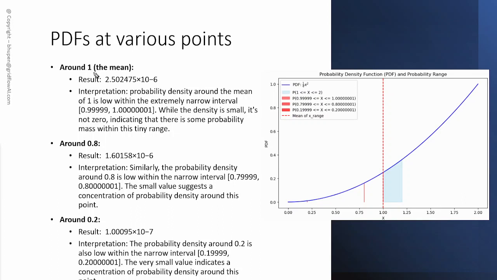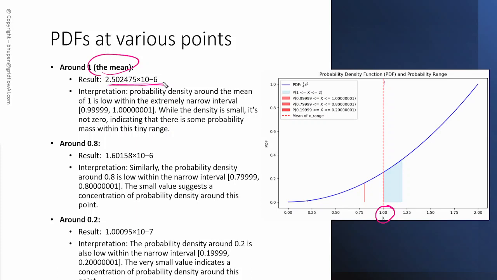So there are 3 points here. One is around the mean. The red line is the mean, which is equal to 1. This is the mean of the data series. Now, around the mean, we have the probability density equal to 2.5 multiplied by 10 to the power minus 6.